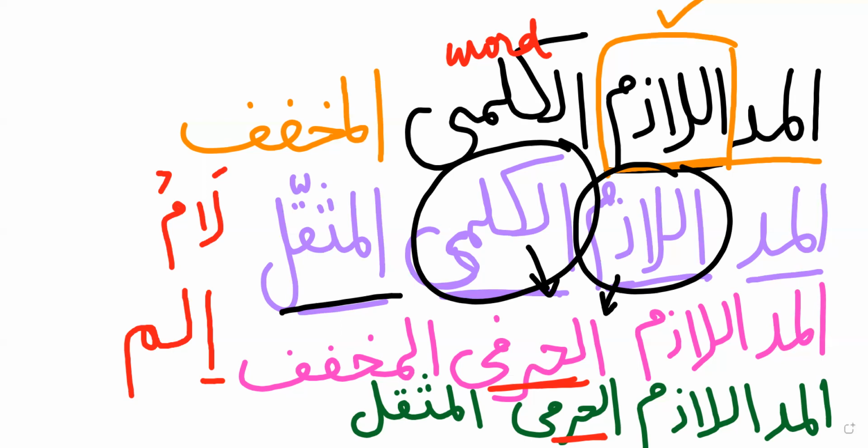How did it become Al-Mad Al-Lazim? Lazim means that there had to be a Sukoon right after the bestie couple. So yes, our condition is met. Harfi means that this bestie couple and the Sukoon should be part of a kalima. Yes, Lam is a kalima. It is an alphabet, although you can see it written as a word, but it is a kalima. It's an alphabet.